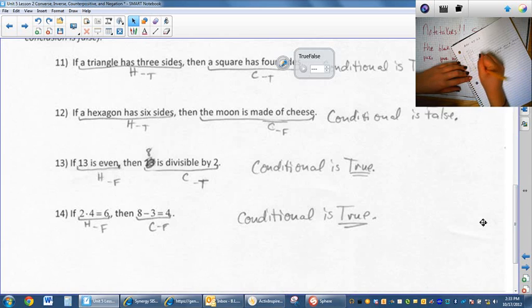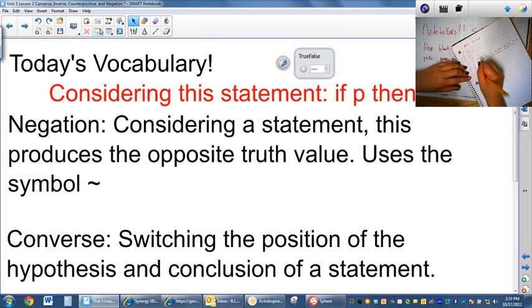Any questions on the front page? The word on the street from most geometry students is that this is a fairly straightforward one. All right, so let's do some new vocabulary today.